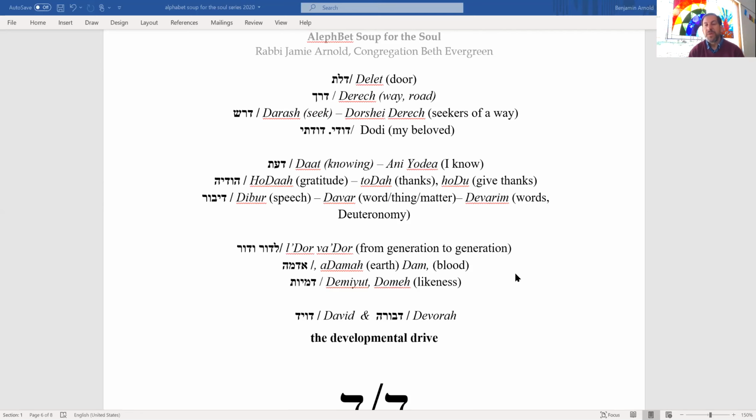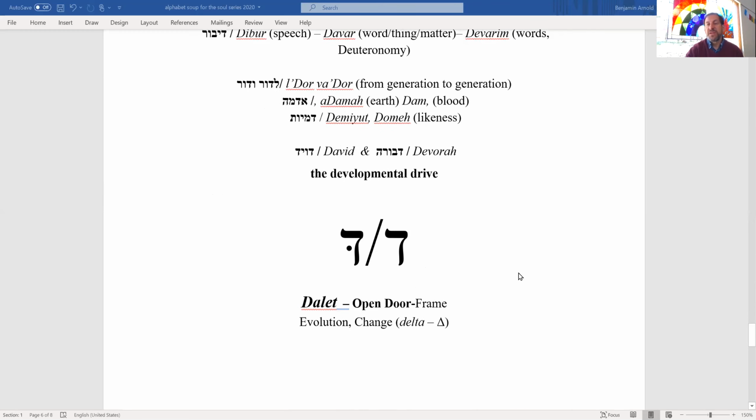So we can strive in our lives to live up to the examples, or to approach the examples of David and Devorah, and more fully embody the Dalet, which represents this developmental drive, the striving to grow ourselves, our souls, reaching like with a yad, right?